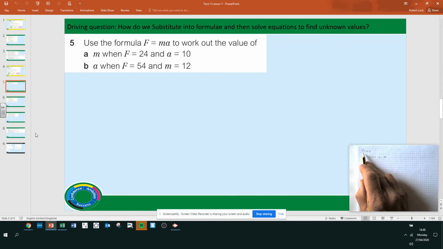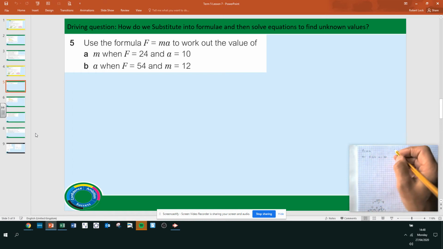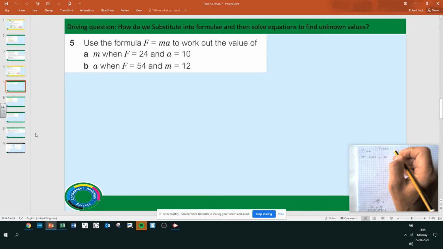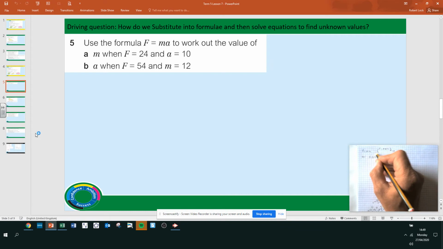At the moment we have F equals ma, and we can get rid of A. We divide both sides by A. To get rid of m, do the same as well. We end up with divide both sides by m. So F equals m times A. Divide both sides by A. We end up with F over A equals m.